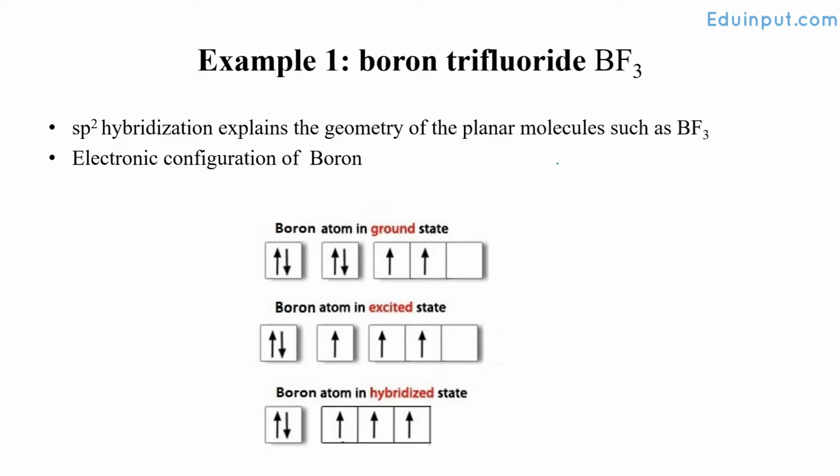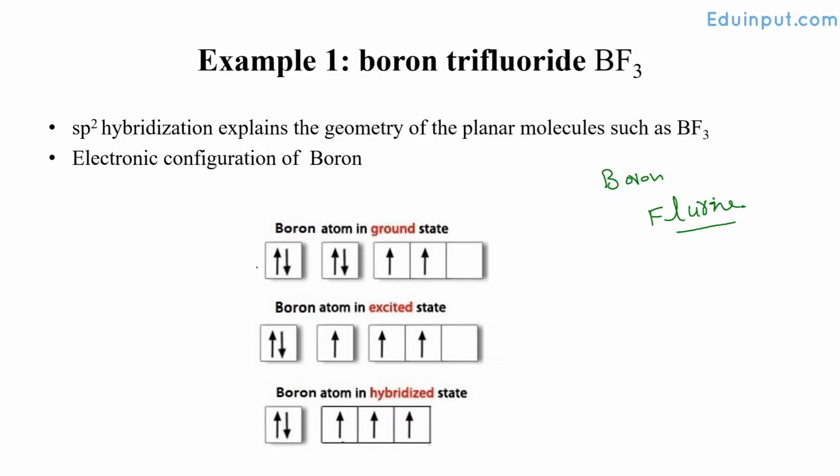We know that there are two types of atoms, boron and fluorine. Basically, with the help of hybridization, we try to explain the geometry of molecules. This is a very important property of hybridization.